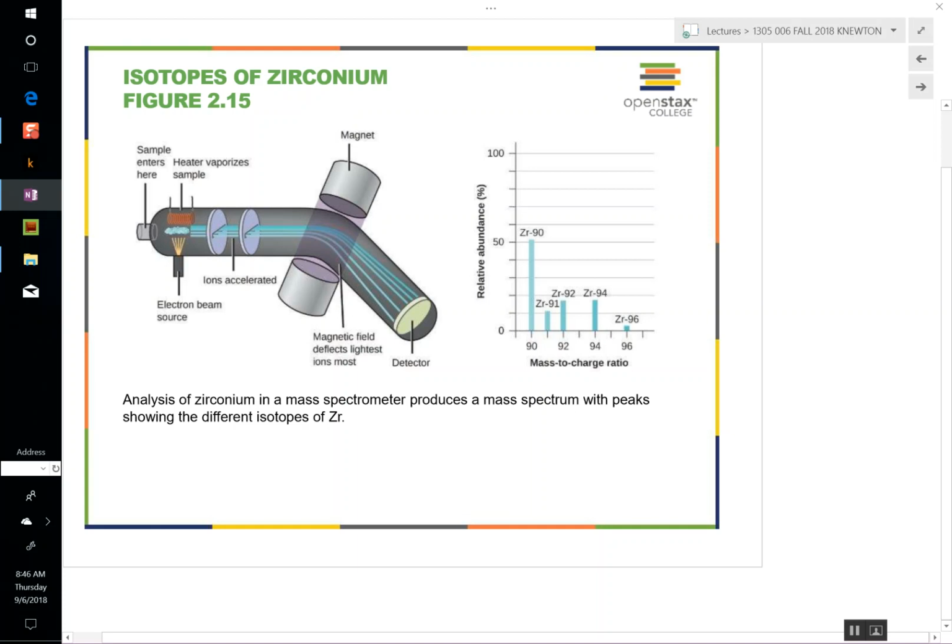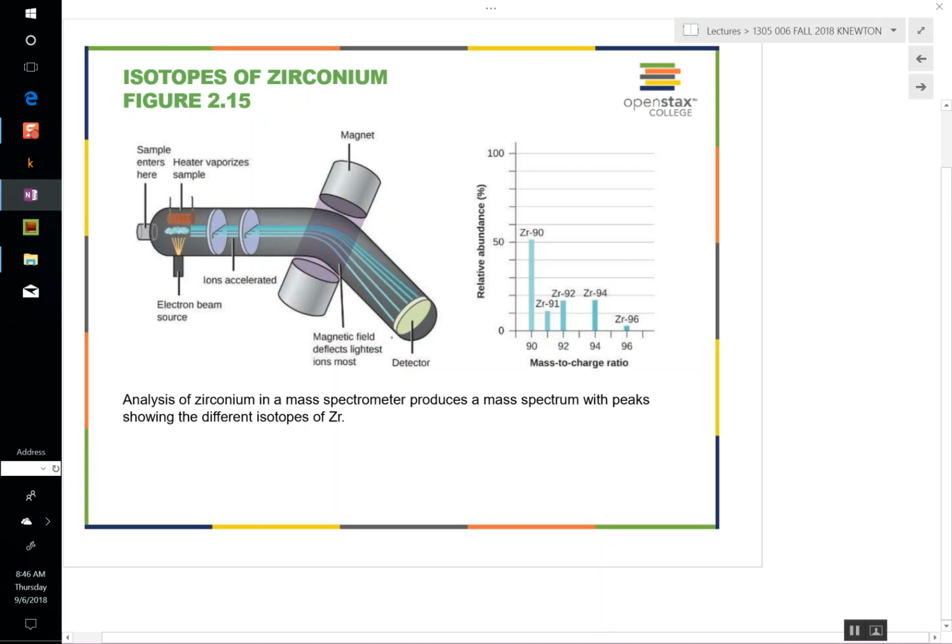Well, it wasn't until the 1930s, and I think this is Chadwick in the 1930s. They finally came up with a device where they were able to atomize elements and fire them through a detector and a magnetic field. They'd ionize them a little bit, but they'd be firing a pure element, let's say copper or iron or whatever, and they would start seeing it breaking up into a couple of different beams.